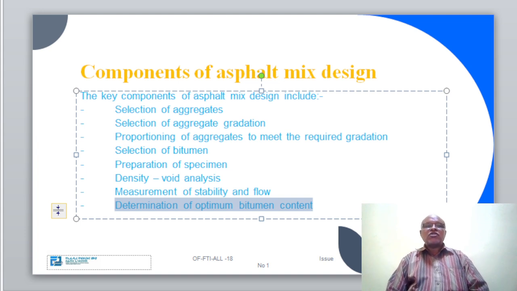These tiny spaces within the mixture allow for proper drainage, thermal expansion, and flexibility, ultimately enhancing the durability and longevity of the pavement. By carefully analyzing the properties of each component and adjusting their proportions, engineers can create an optimal mix that meets the specific requirements of the project, whether it is a highway, parking lot, or airport runway.